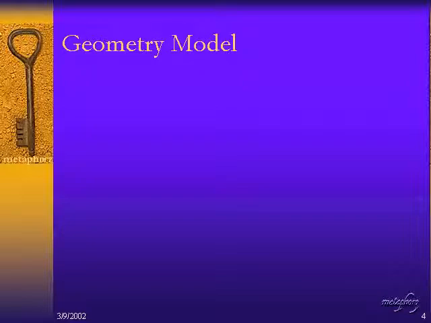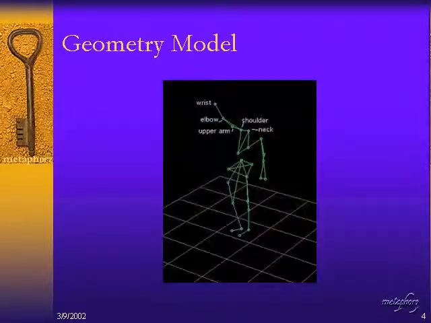Here's another kind of model for Mona. We'll call it the geometry model, and it accents the fundamental geometry, in this case the skeletal geometry of Mona. And we can see by looking at this, we have wrist, elbow, upper arm, lower arm, shoulder and neck.